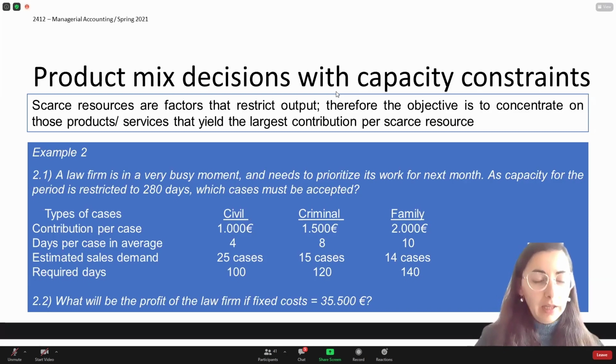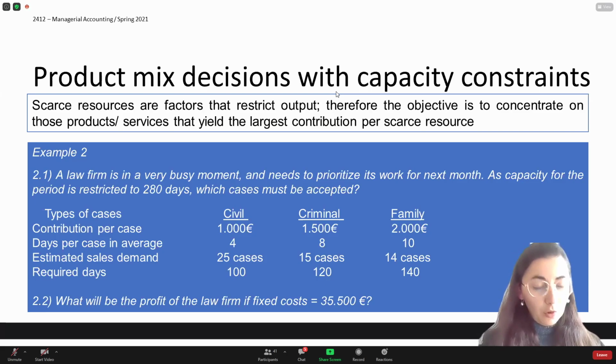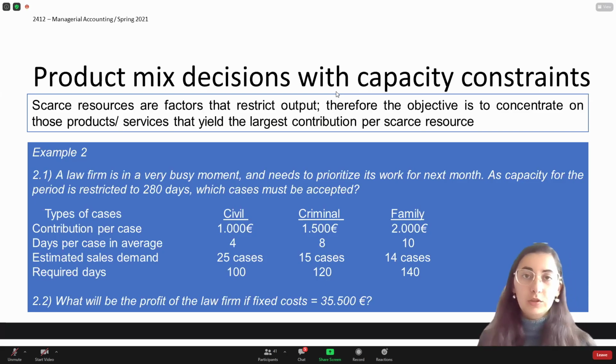For civil, it would be 250 times the 100 days. For family, it would be 200 times the 140 days. And for criminal, it would be the 40 days times the 187.5. Either way would give the same profit, minus the fixed costs.